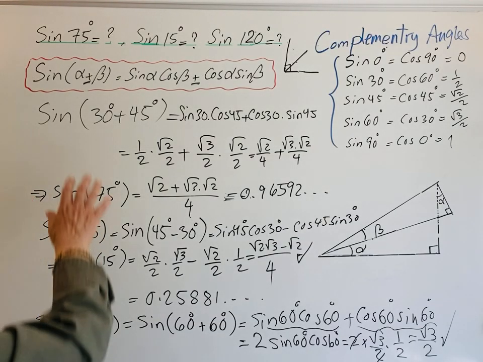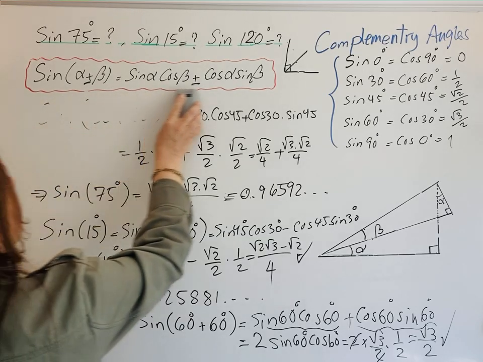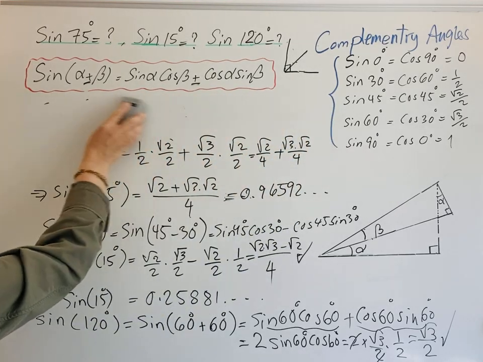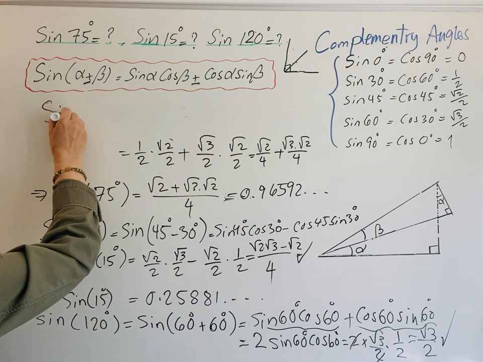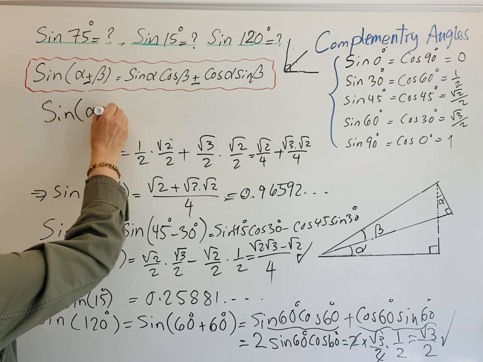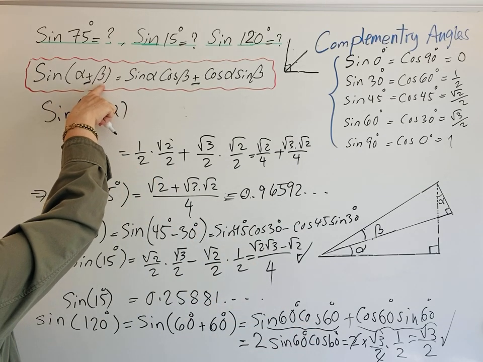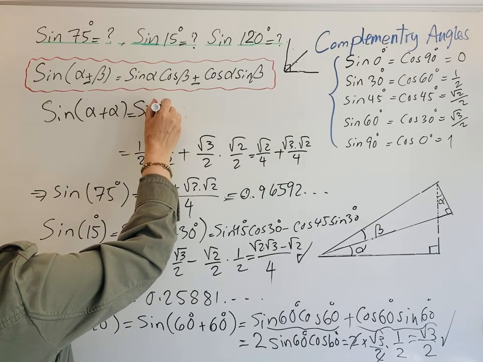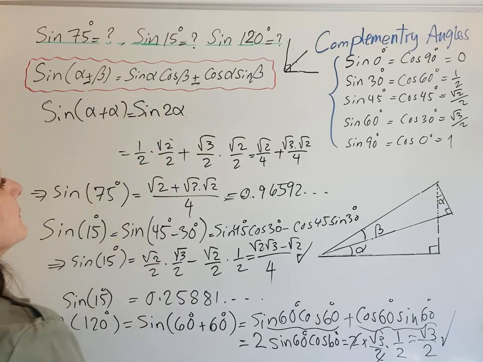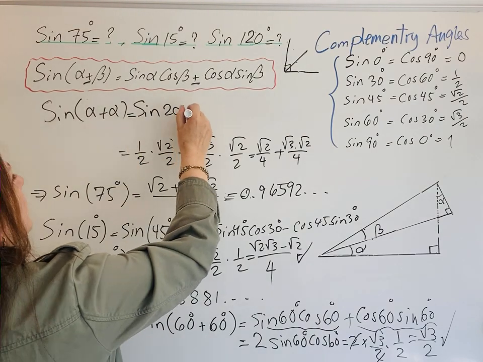And we can conclude something here and write some formula. Sine of alpha plus alpha, like this one, is equal to sine of 2 theta, or 2 alpha. Here is alpha. What can we say?